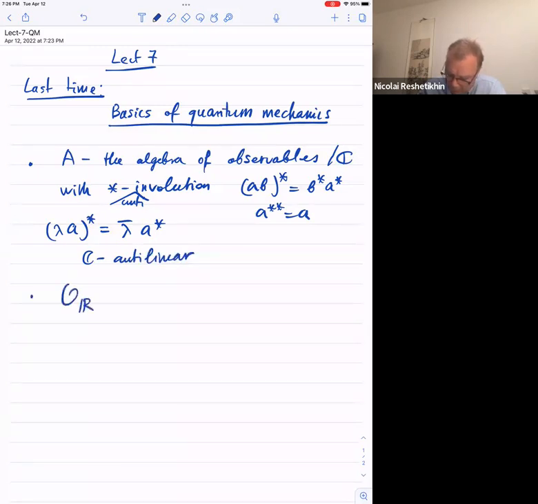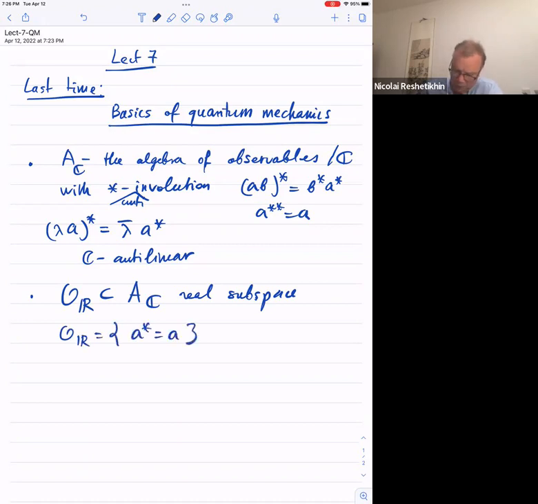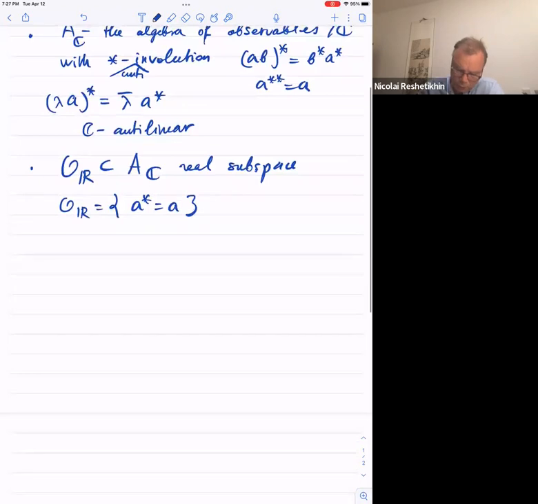And then there is a real subspace in this complex vector space, let me call it AC. You can think of this as a subspace of Hermitian matrices inside of n by n complex matrices. So this is the space of all elements such that A star is equal to A, so fixed points of star.